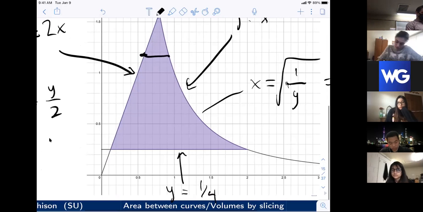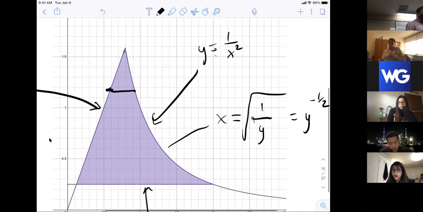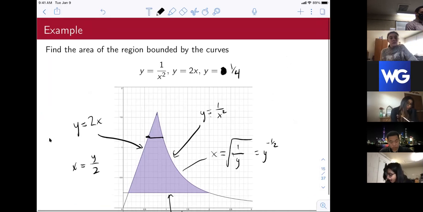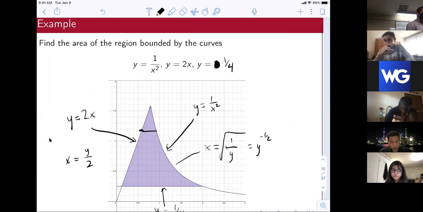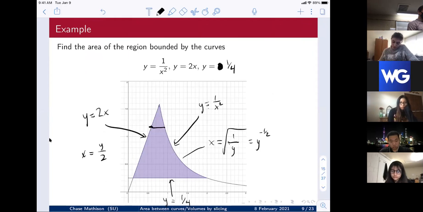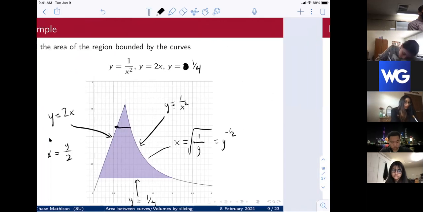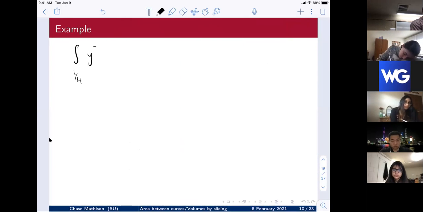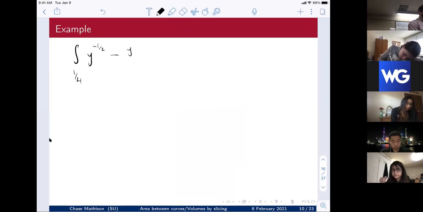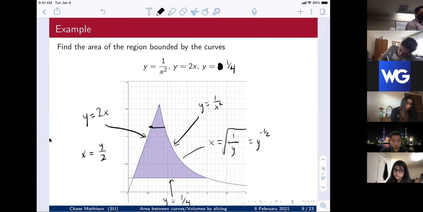All right, the only other thing I'm going to need, I know my bottom bound, is the top bound when I integrate. I'm going to find the integral from, well, I know the bottom is 1/4. I don't know the top yet. The integrand is y to the minus 1/2, minus left, which is y over 2. So what is the top bound there?